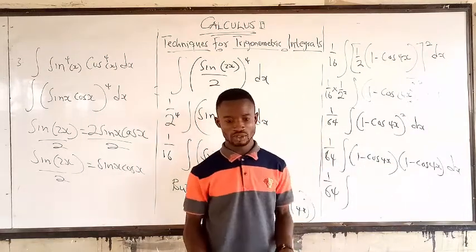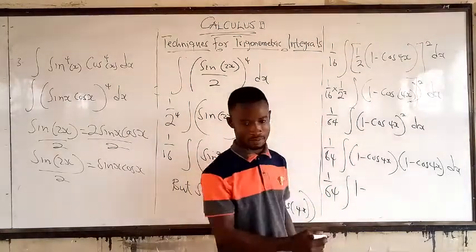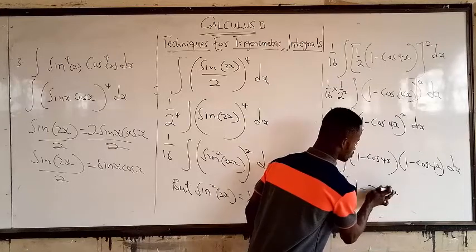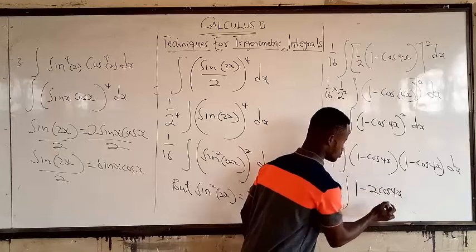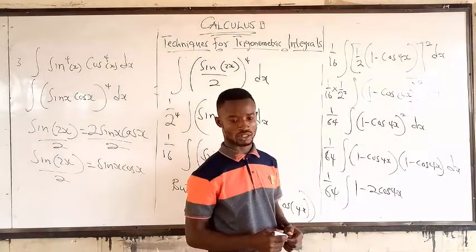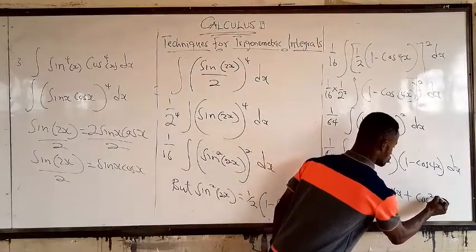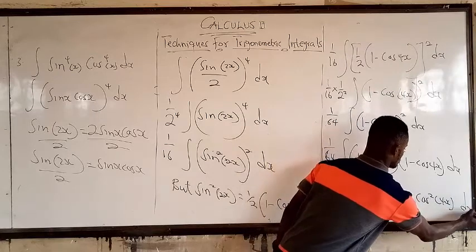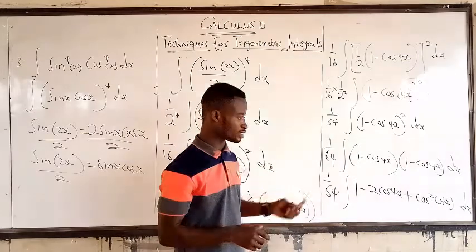So when you do that, you are going to get 1 minus 2 cos 4x plus cos squared 4x dx. Don't forget the argument. So that is what you are going to get for that.